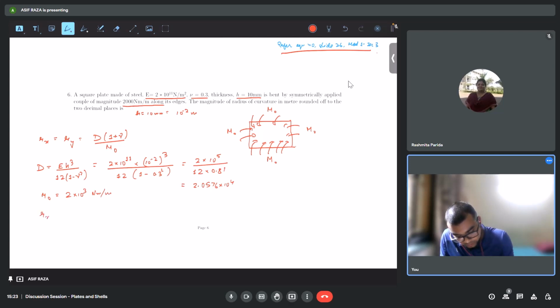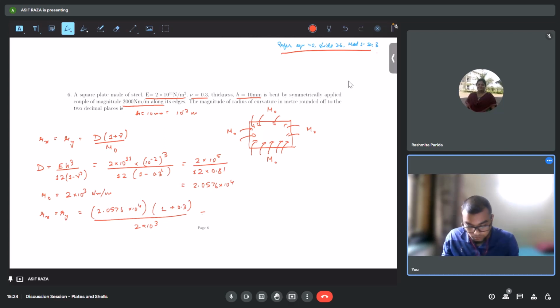So Rx would be, Rx equal to Ry would be 2.0576 into 10 power 4 times (1 plus 0.3) upon 2 into 10 power 3. So solve like this.